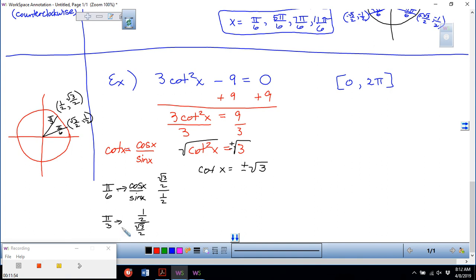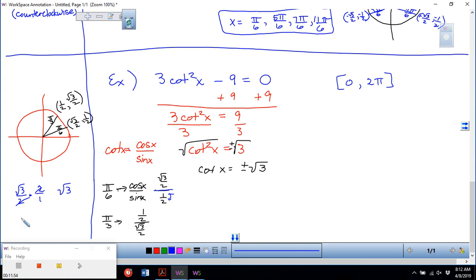Now if I take those and I do my fractional division, remember when we divide fractions we keep the top one the same. We change the division to multiplication and we flip the bottom fraction. So for pi over 6, I end up with square root of 3 over 2 times 2 over 1. The 2's cancel, so I end up with my square root of 3 that I need.